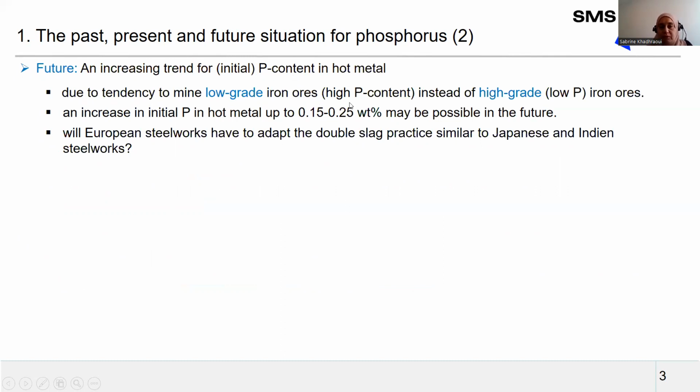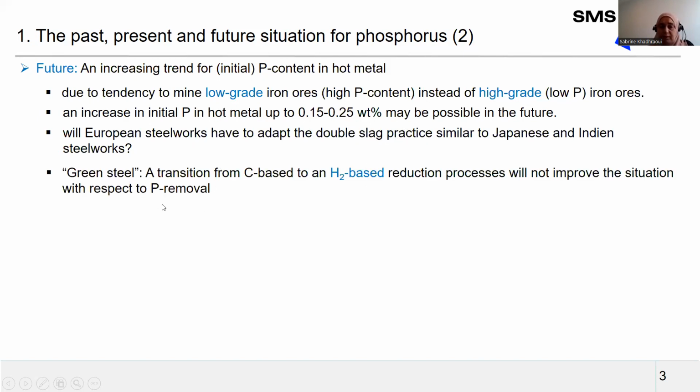And low-grade iron ores have a high phosphorus content compared to the high-grade iron ores with a low phosphorus content. And thus we may have initial values similar to that in India and Japan, in Europe, and even higher. It may be a possibility in the future. So the question is whether the European steelworks would have to adapt their practice to the double slag practice.